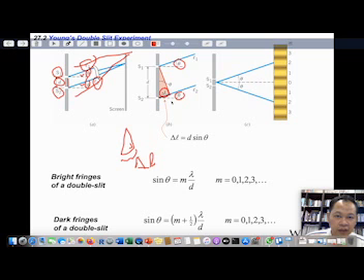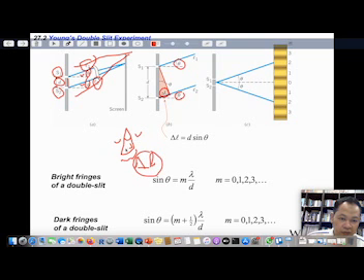So how about the delta L here? If you find the angle like this, this to this will be sine. Do you agree?